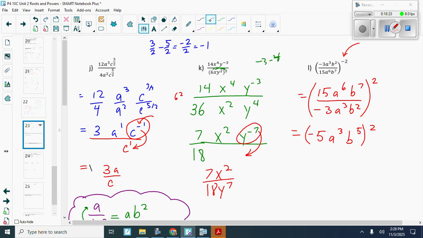Okay, and then I'm going to square everything. So don't forget, when I square this, I'm squaring the -5, so this becomes 25. Power of a power: 3 times 2 is 6, 5 times 2 is 10.